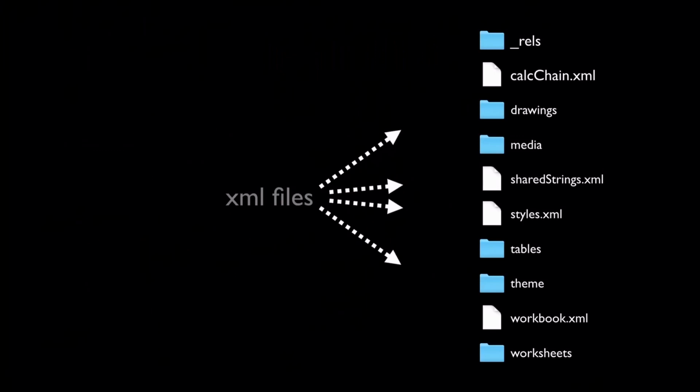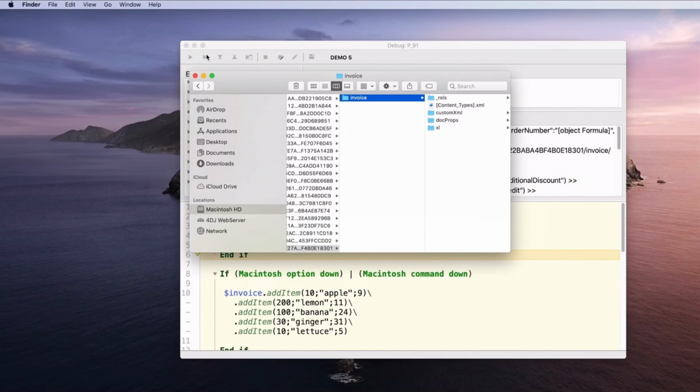So here, $invoice is an object which contains a property named folder, which is a folder object based on a folder that exists. If I jump to the actual folder, you would see that it's actually an unzipped version of an Excel spreadsheet.